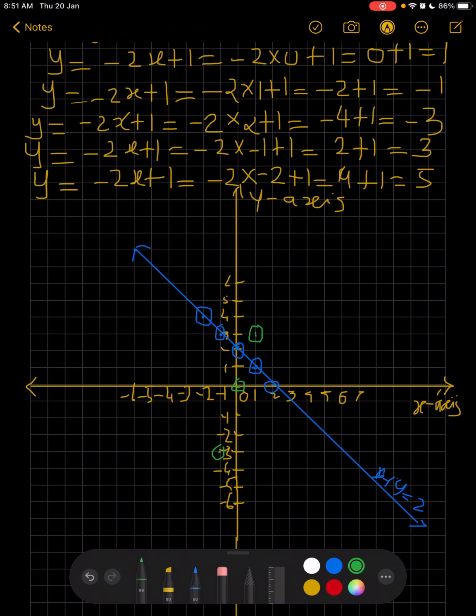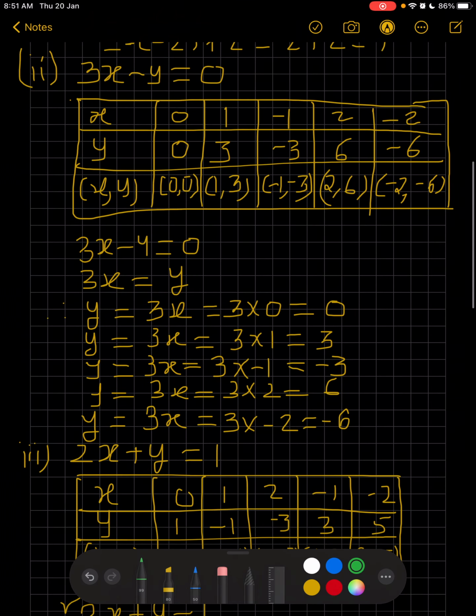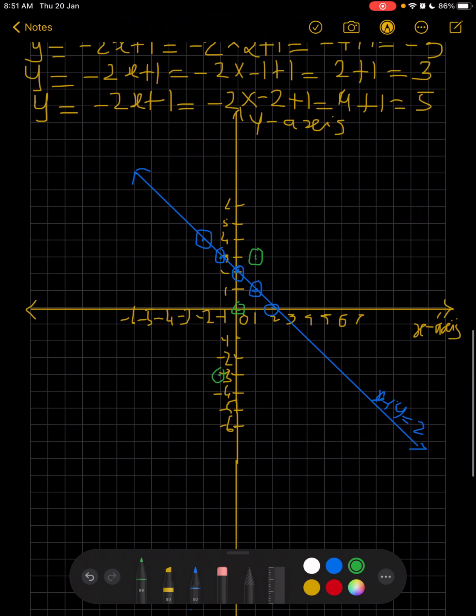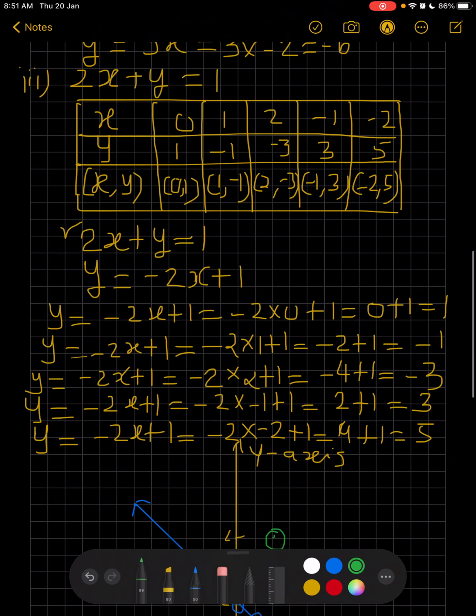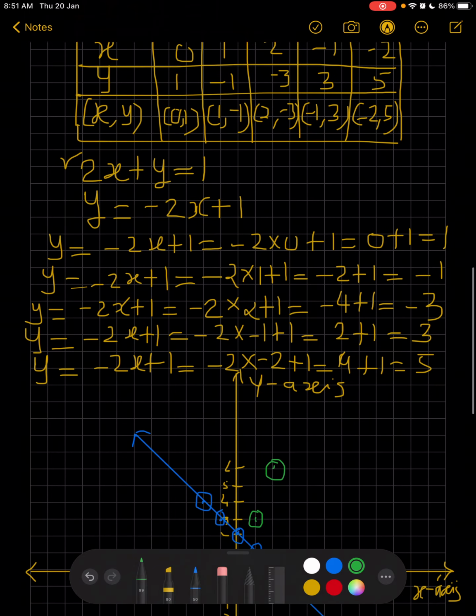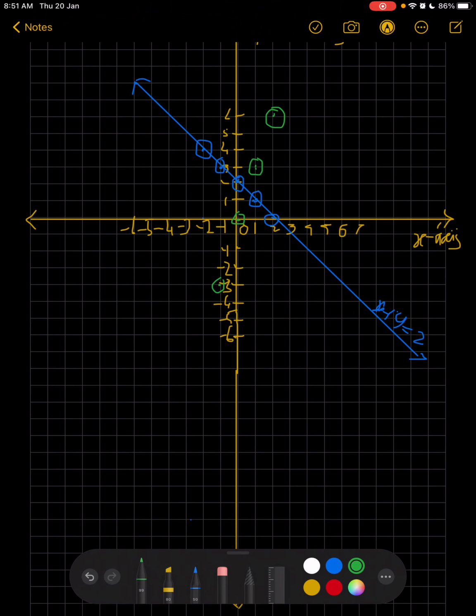Then you have the fourth point of second table, 2, 6. In the first quadrant, 2, 6. Here it will be 2, 6. The last point will be minus 2, minus 6. This is your minus 2 and minus 6 in the third quadrant.